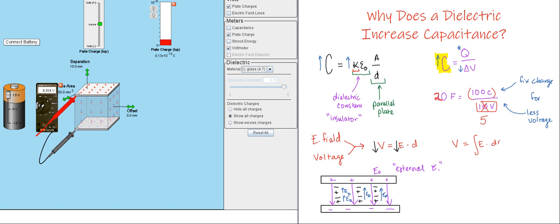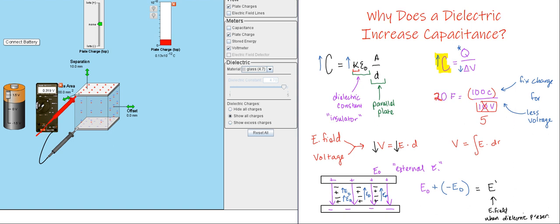So if I want to figure out the net electric field now between the capacitor plates, what I'm going to do is I'm going to say my original electric field plus my dielectric electric field, which is negative, will result in my new electric field, which I'm going to call E prime. So E prime is the electric field when the dielectric is present.